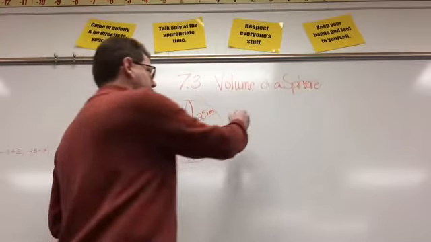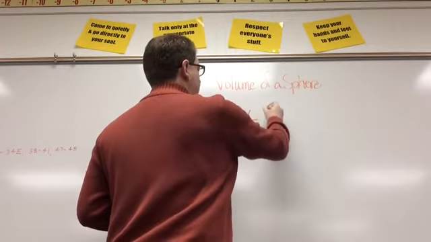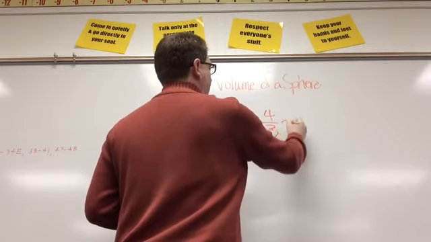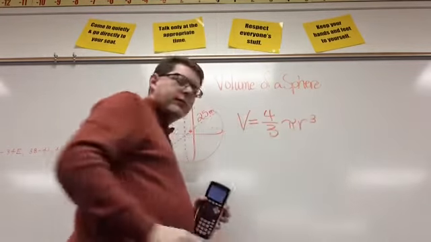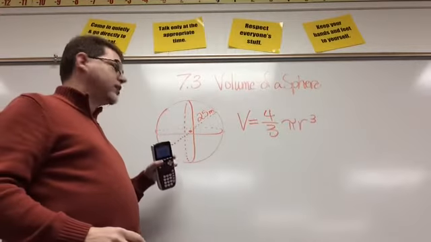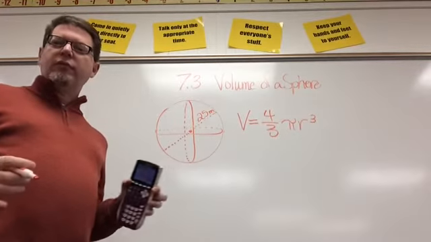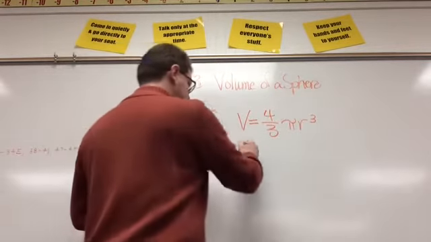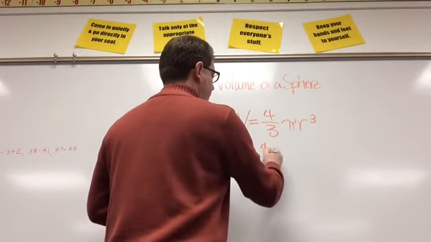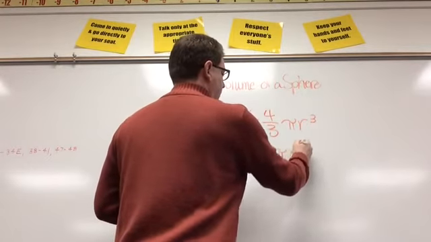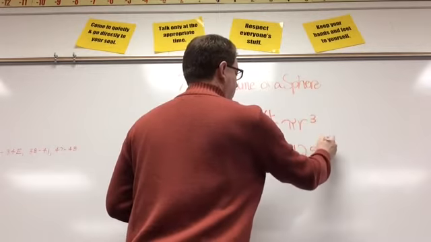So my formula is V equals 4/3 pi r cubed, and since my diameter is 25 and I divide that by 2, my radius is going to be 12.5. So V equals 4/3 pi times 12.5 cubed.